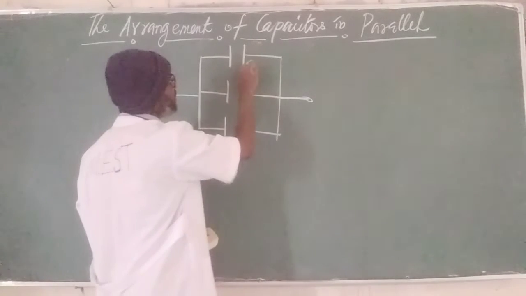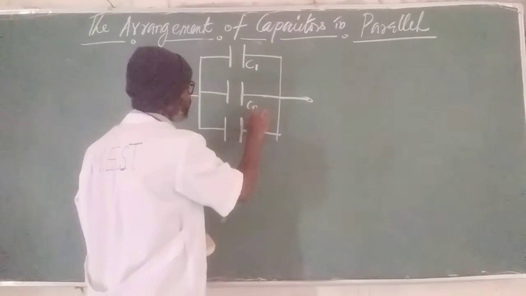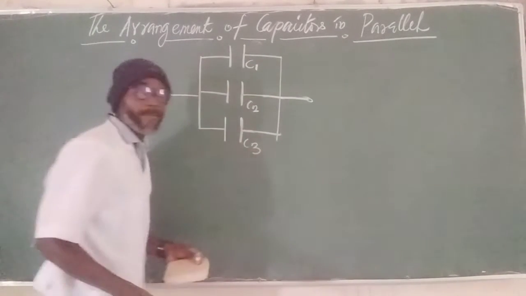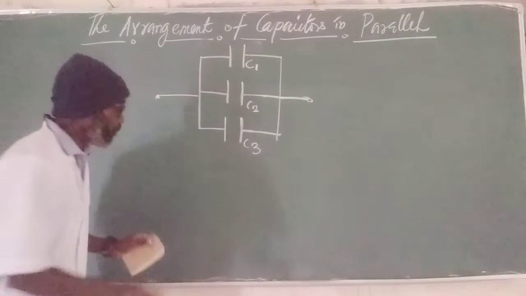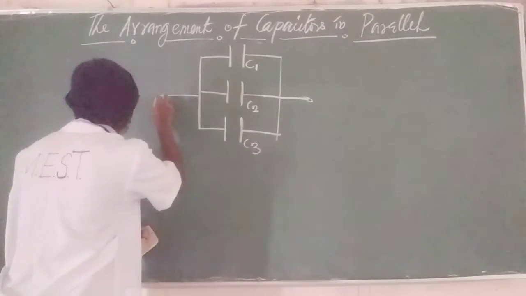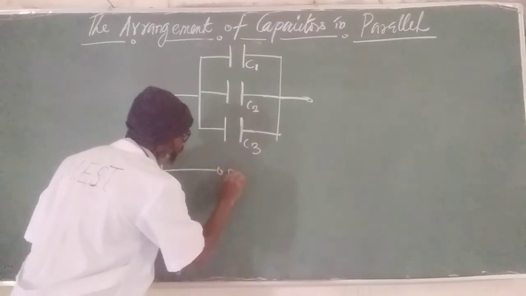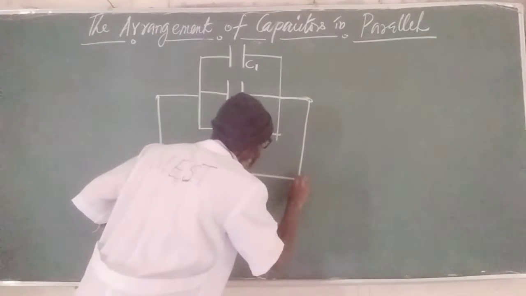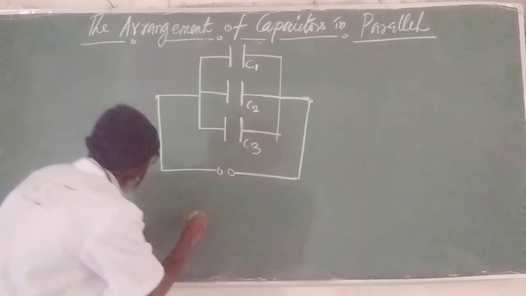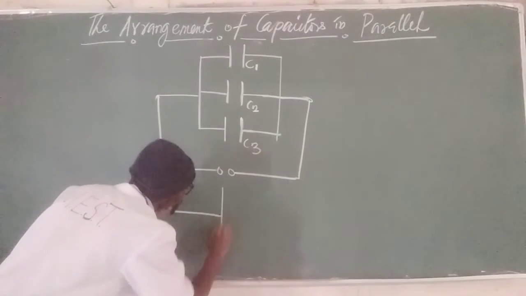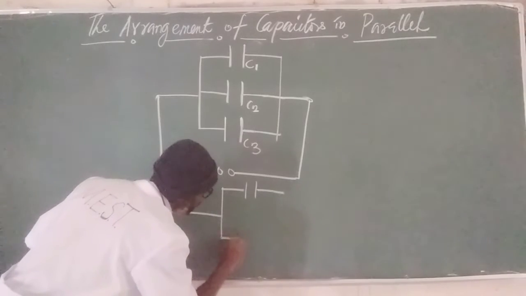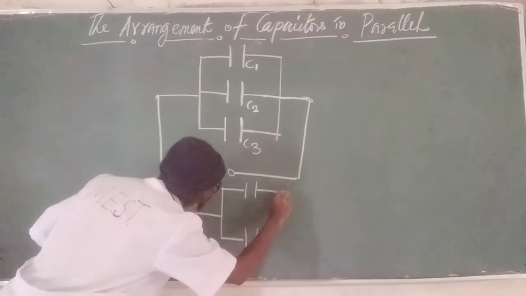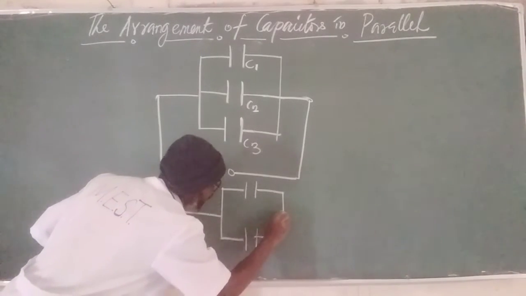If this is C1, this is C2, and this is C3, we can as well have a situation where the number of capacitors being connected in parallel is just two. So if we have two capacitors in parallel, we have something like this. Only the number will reduce. There's no difference from what we already have.